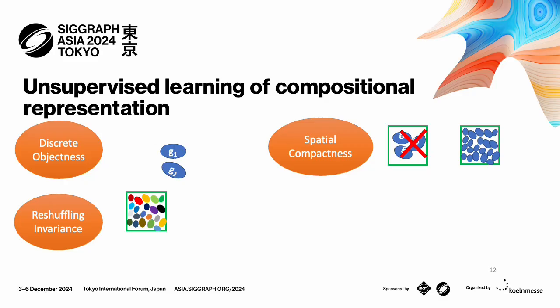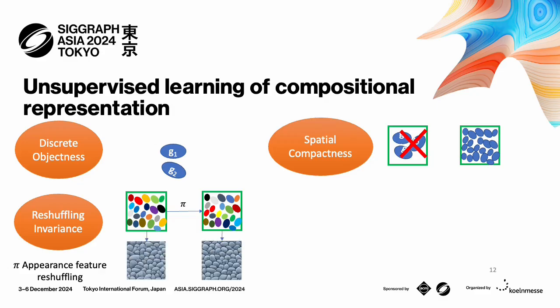Given a set of neural taxons, if we randomly reshuffle their appearance features among the set of Gaussians and reconstruct the texture from the feature-reshuffled taxons, we expect the output to be similar to the input in terms of texture similarity. Let me give an example.